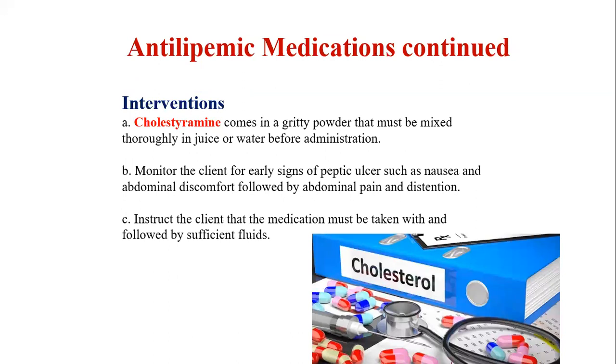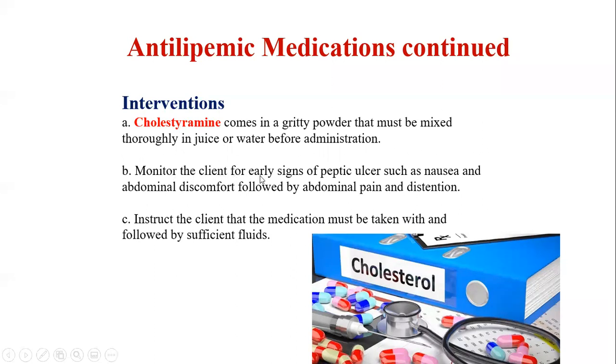Now, let me talk about cholestyramine. Cholestyramine is one of the drugs in the bile acid sequestrant group. It comes in a powder form that must be mixed thoroughly in juice or water before administration.